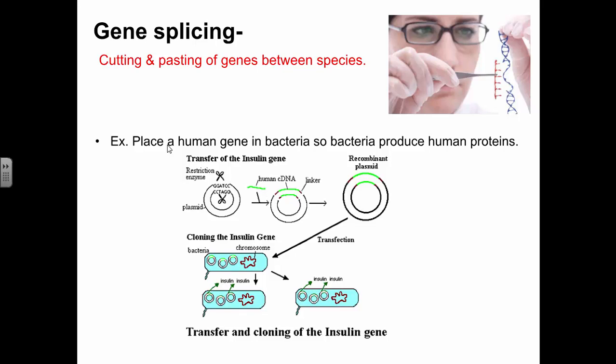And bacteria are easy to grow. They grow them in huge vats, those bacteria make human insulin, and scientists take that insulin and give it to humans now. It's actual human insulin, identical to the insulin you produce in your body, but they're having bacteria make it by doing this genetic splicing.